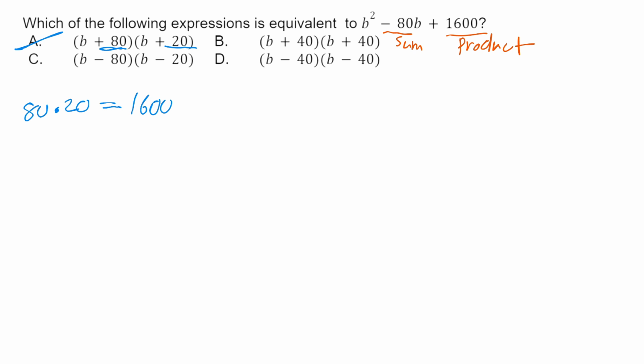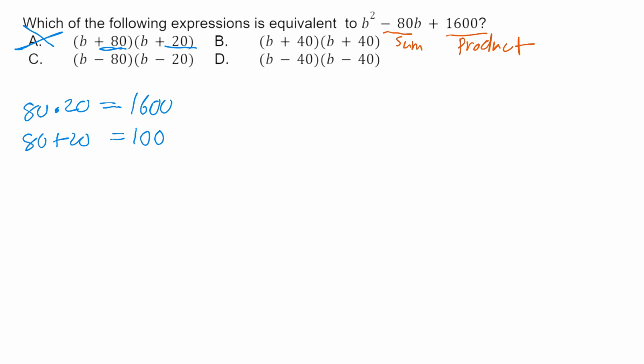So the product is correct, right? But if we check our sum, what's 80 plus 20? The answer is 100. Is it the same as our sum here? The sum should be negative 80, right? Not 100. That's why letter A is already wrong.